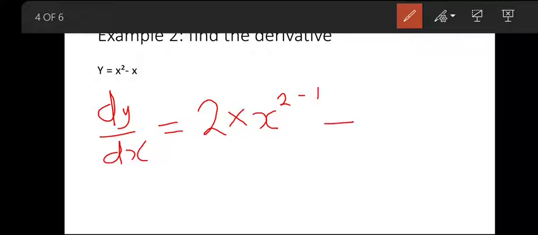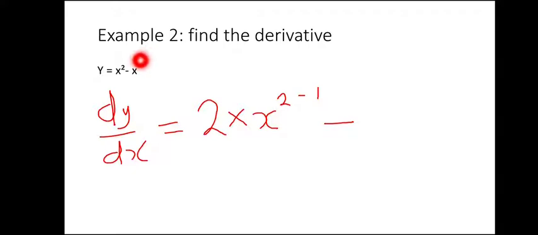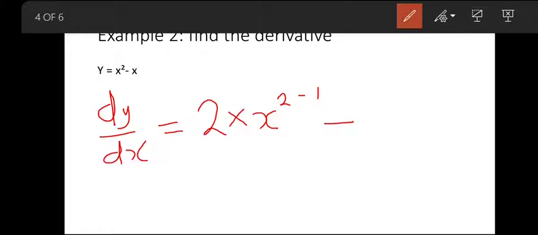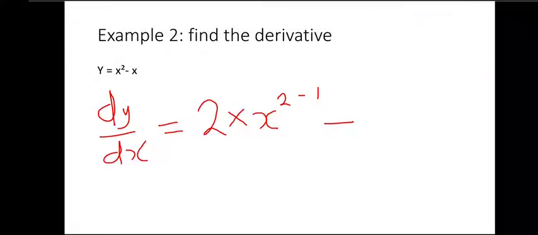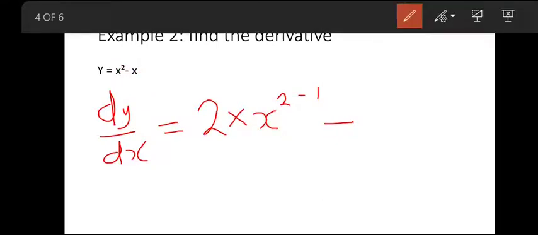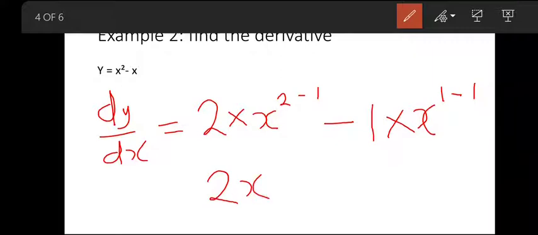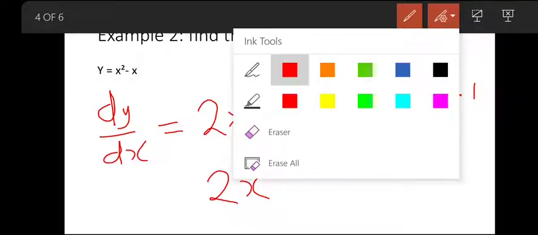Then this minus, the minus at the middle, here it is now. So let's continue. So this x is raised to power 1, just like when this one is raised to power 2, this x is raised to power 1. So we have 1 times x raised to power 1 minus 1. So 2 times x is 2x. 2 minus 1 is same thing as 1, so we don't need to write 1 there.